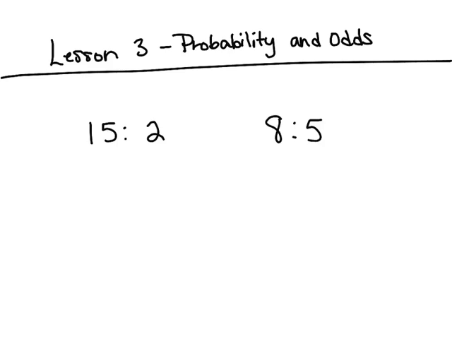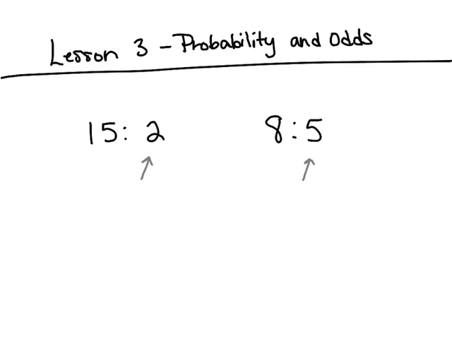When you're comparing odds, it's a little bit different than comparing probabilities because they have to look the same in order for you to be able to compare them. It's the same as if you had a fraction. In order to compare your odds, you would need to have the same denominator. So for this, we need to have the same second number.